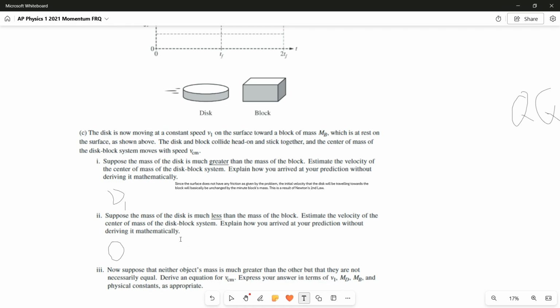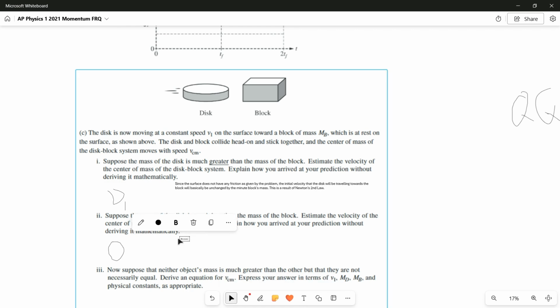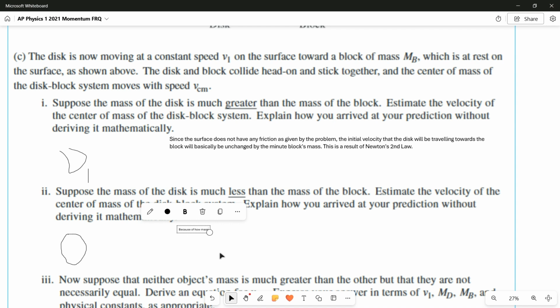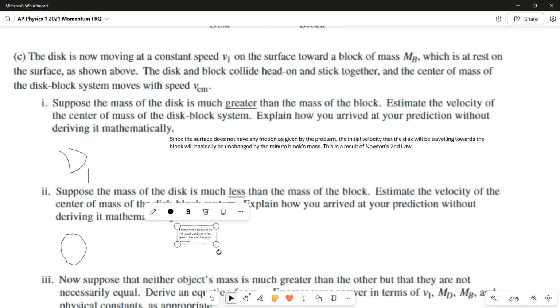So what we could say is, because of how massive the block could be, any fast speed that the disk may possess would be insignificant to the disk-block system.